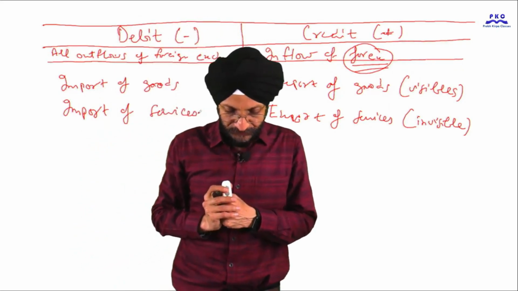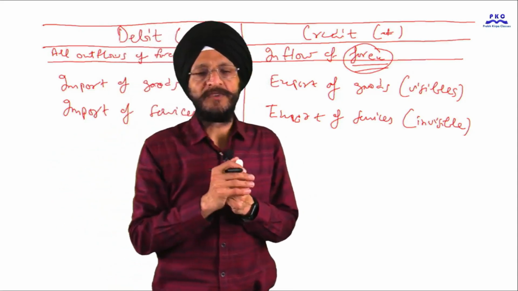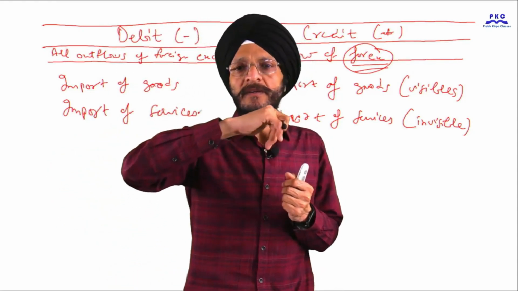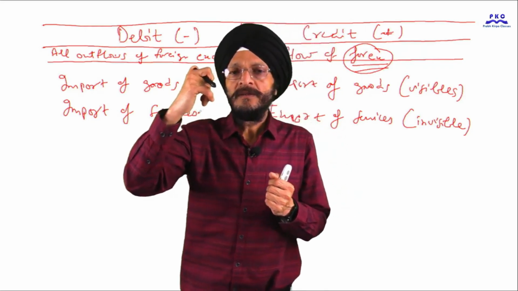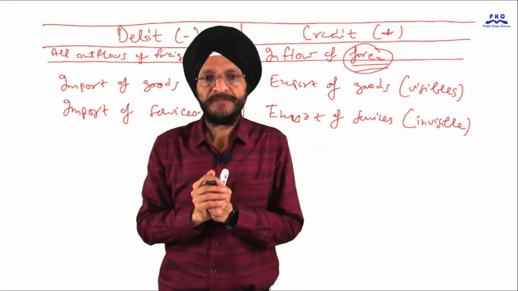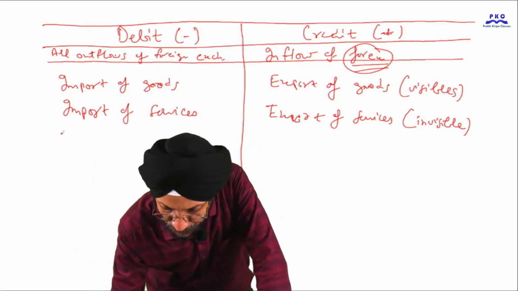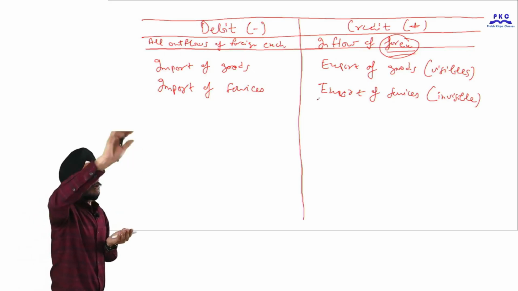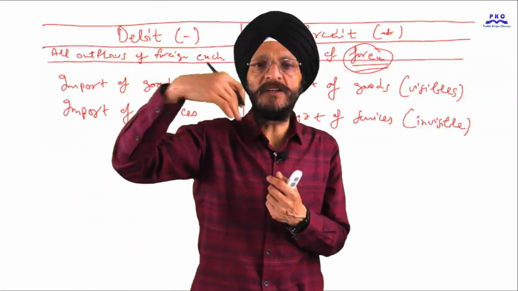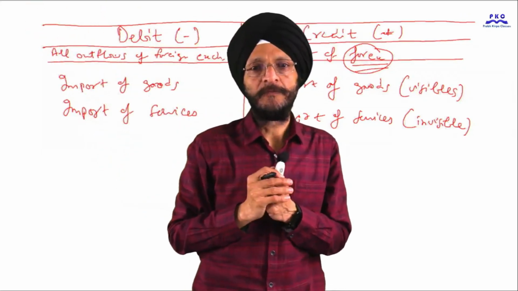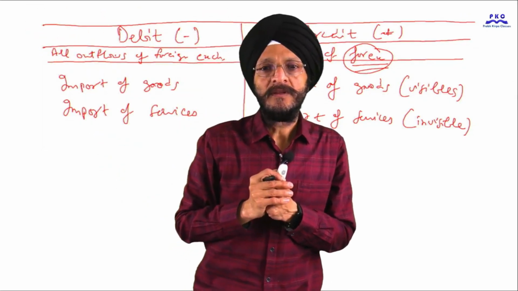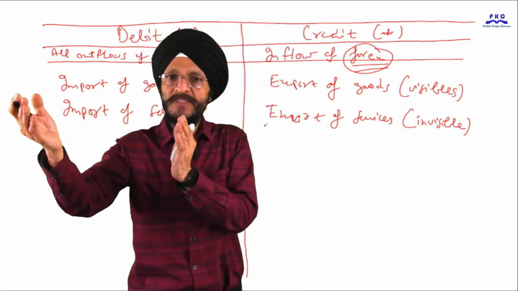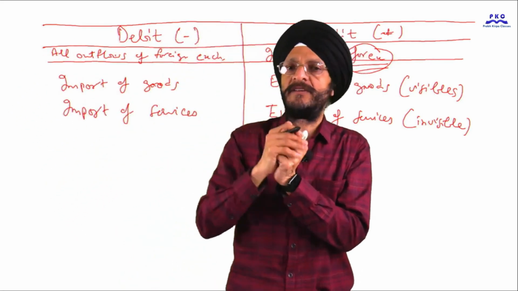Then there come unilateral transfers, or we may call them one-sided transfers. If we send a foreign grant, if we give grant or aid to other countries, these are one-sided payments for which we do not get anything in return.